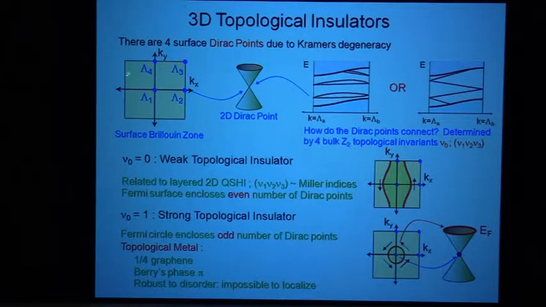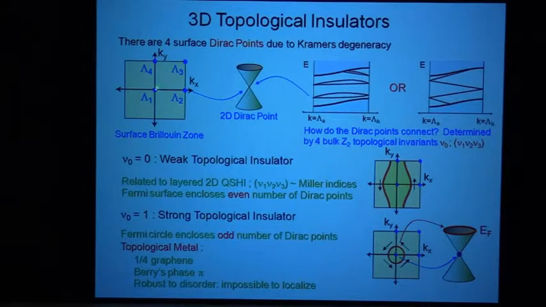Again, the story is the same as in the edge state case, where there are certain points where k and minus k are the same point, and at those points, surface states which are localized at the surface inside the energy gap, if they exist, have to be Kramers pairs.